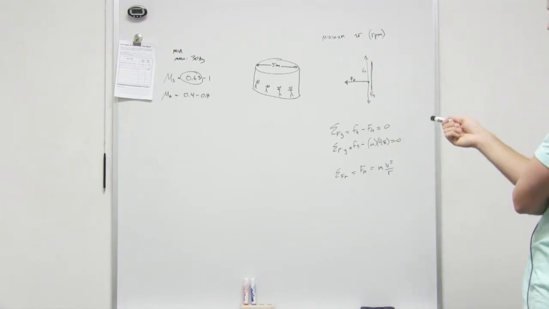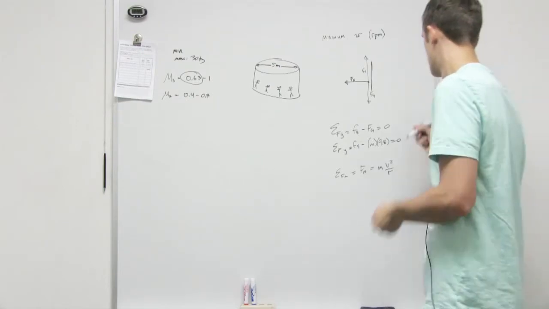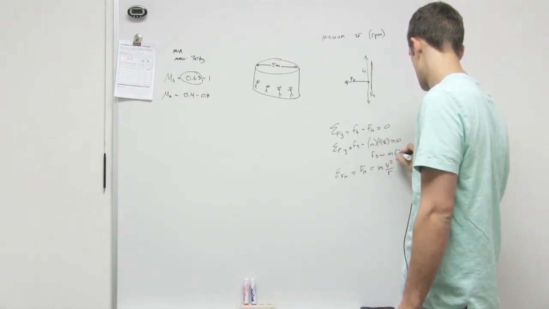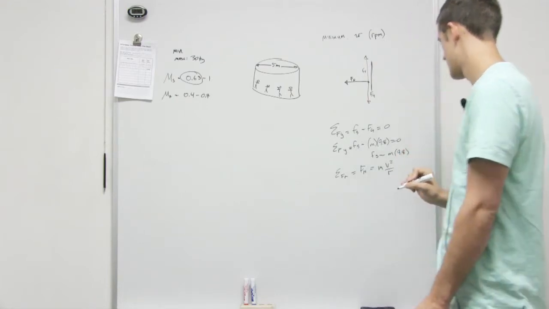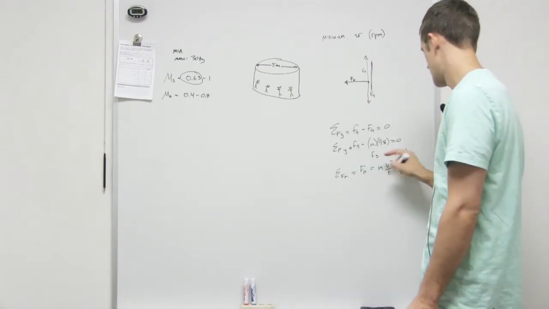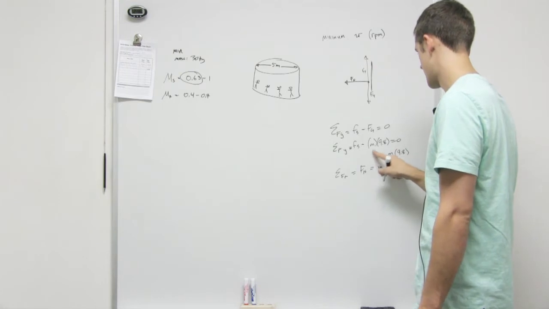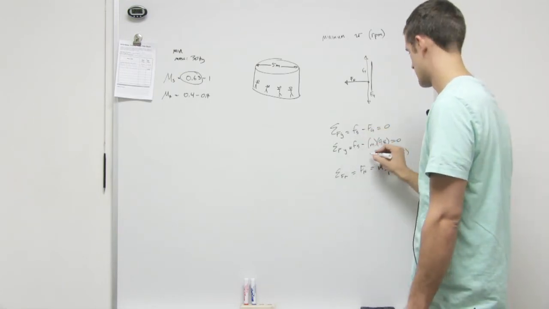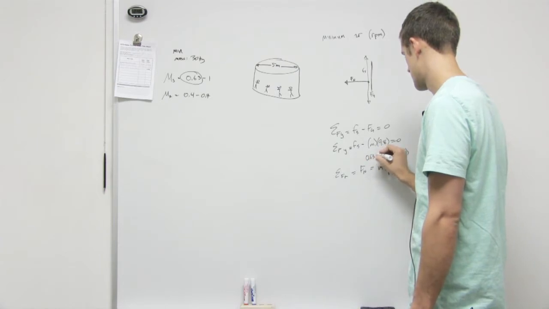So in order for this to be safe, what does static friction have to be? Equal to the force of gravity times mass. And then static friction is actually just our coefficient of friction, so 0.63 times our normal force.